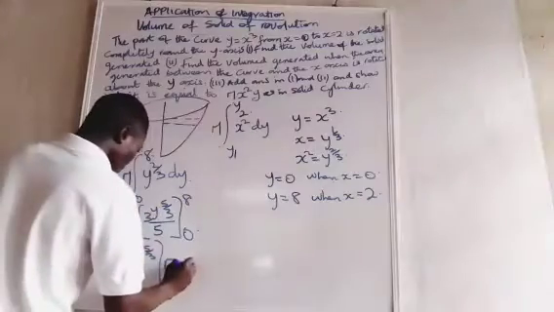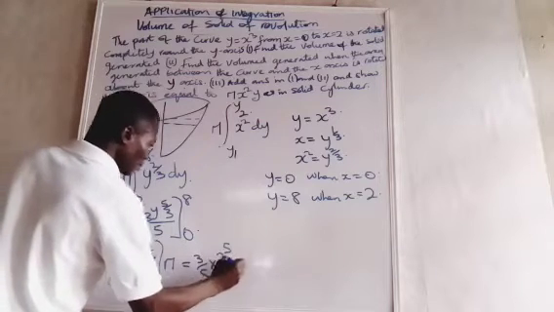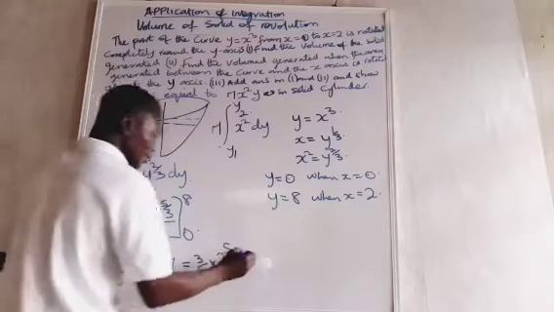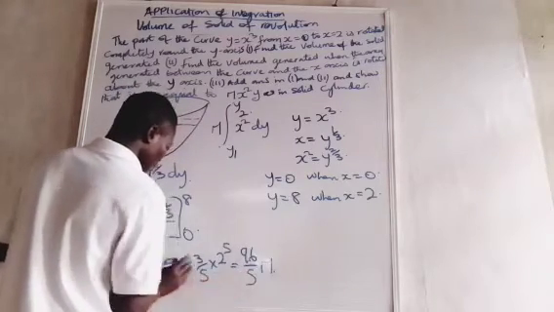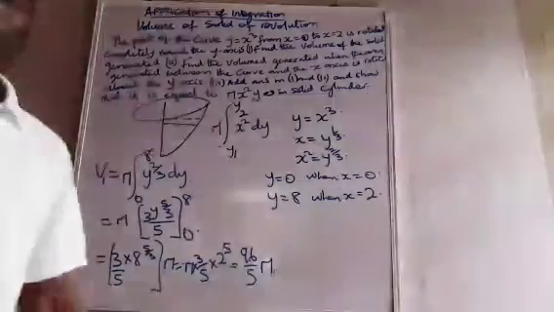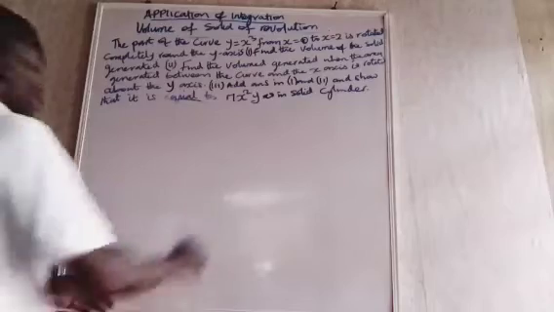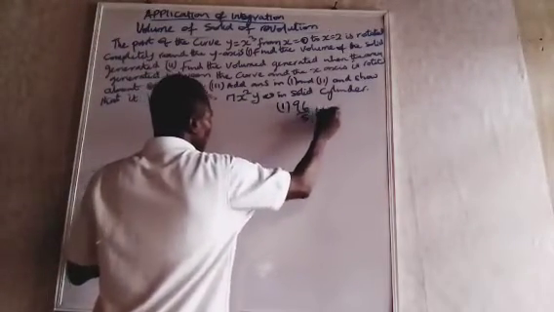So it's going to be 3 over 5 times 2 raised to power 5, and that is 96 over 5 pi. So the answer to the first one is 96 over 5 pi.